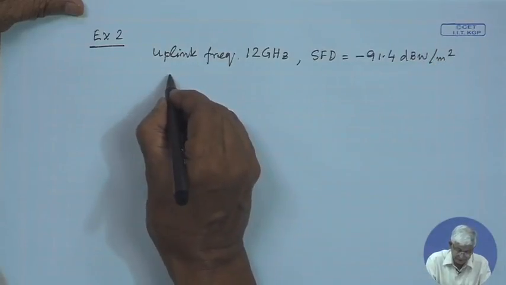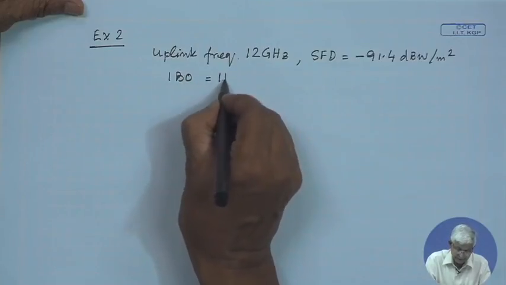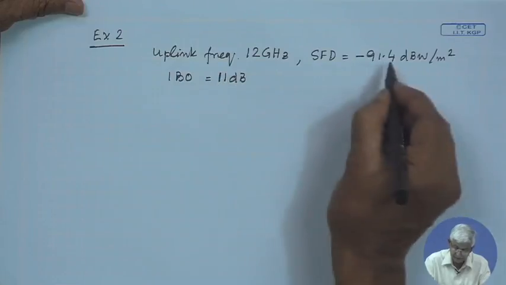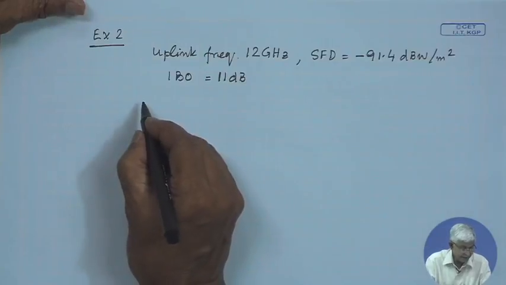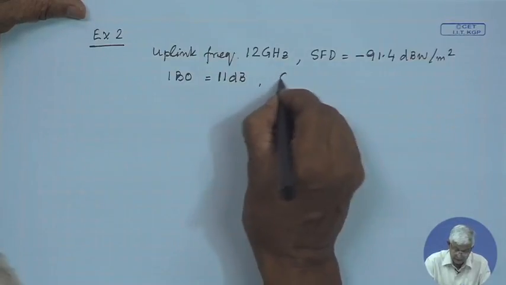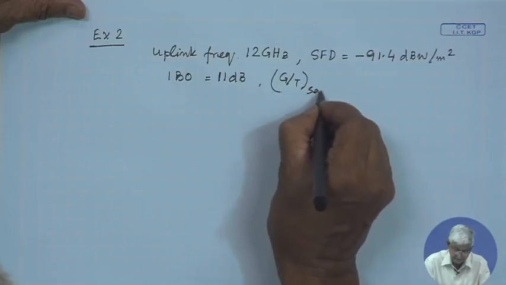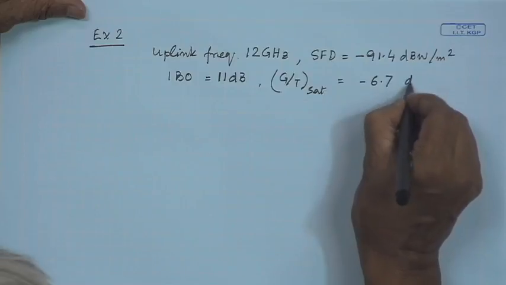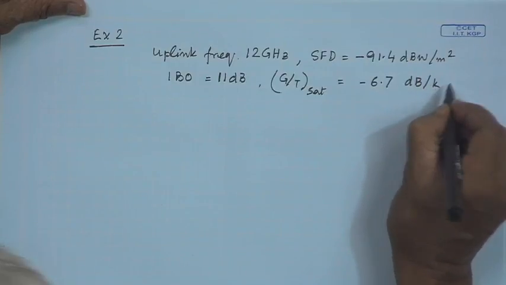Now, we are introducing IBO, input back off, as 11 dB. That means your operating point is 11 dB lower than the saturation flux density, and G by T of the satellite is minus 6.7 dB per K.